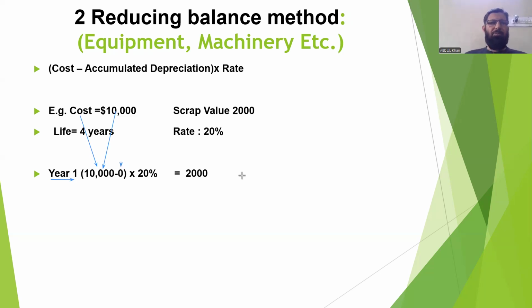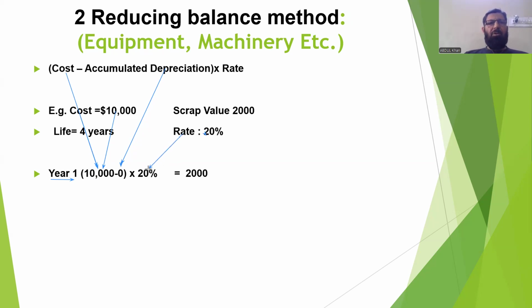That means zero depreciation, because this is the very first year you are calculating depreciation on the reducing balance method. So accumulated depreciation is 0 and cost is 10,000. I think you understood. Then multiply by the rate, which is given as 20%.